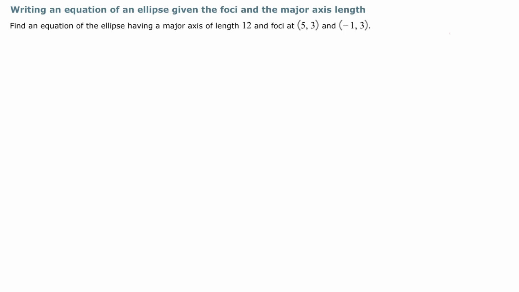So (5, 3). That means this is actually elongated in the horizontal direction. So we have (negative 1, 3), and we have (5, 3), and we have something like a rough ellipse elongated in the horizontal direction. And so this is a rough sketch there.